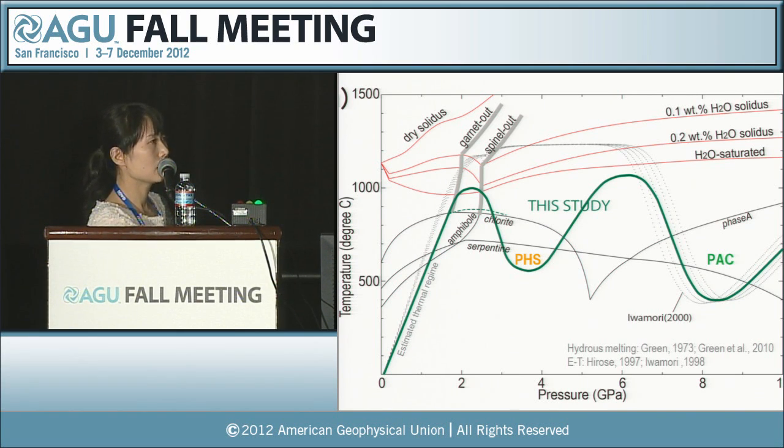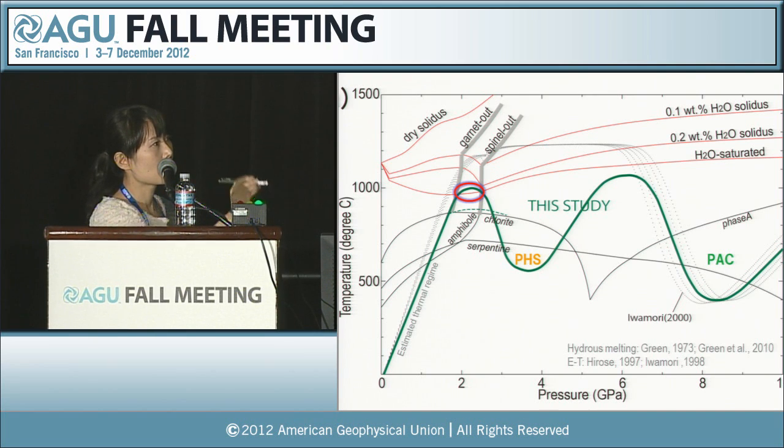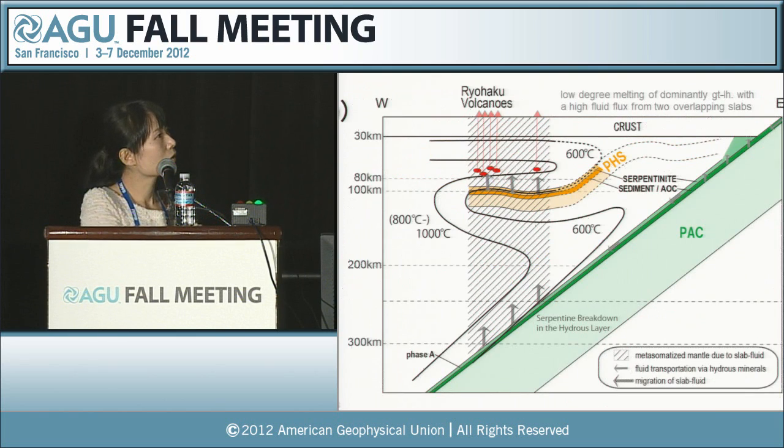Our obtained melting condition gives a tight constraint around here, 2 gigapascal and 1000 degrees C. In addition, being aided by numerical studies, the surface temperature of the 2 subducting slabs, the Pacific and the Philippine Sea plates, also can be constrained around here and here. Now, we obtain the thermal regime as a green curve with 2 peaks and 2 minima.